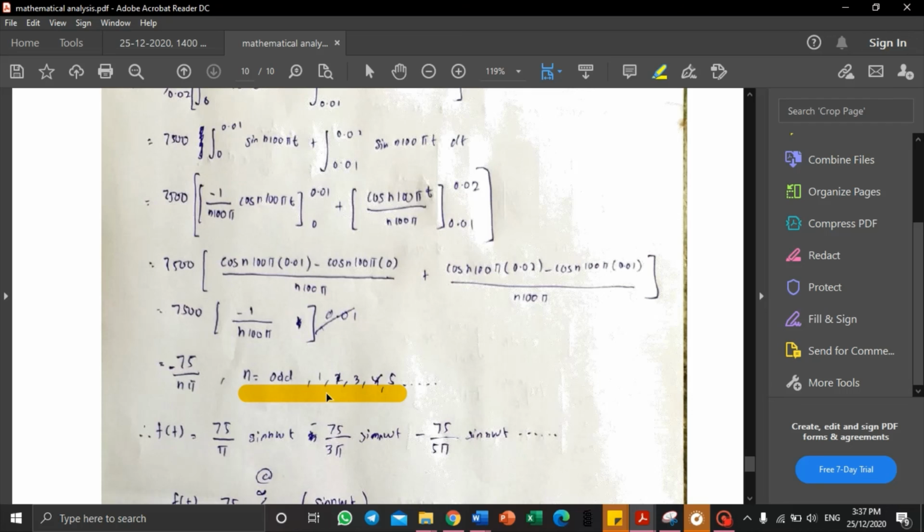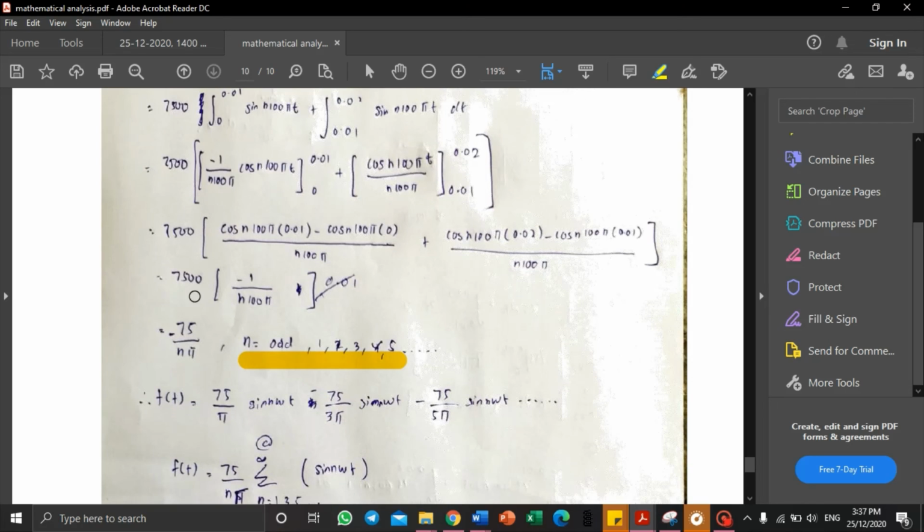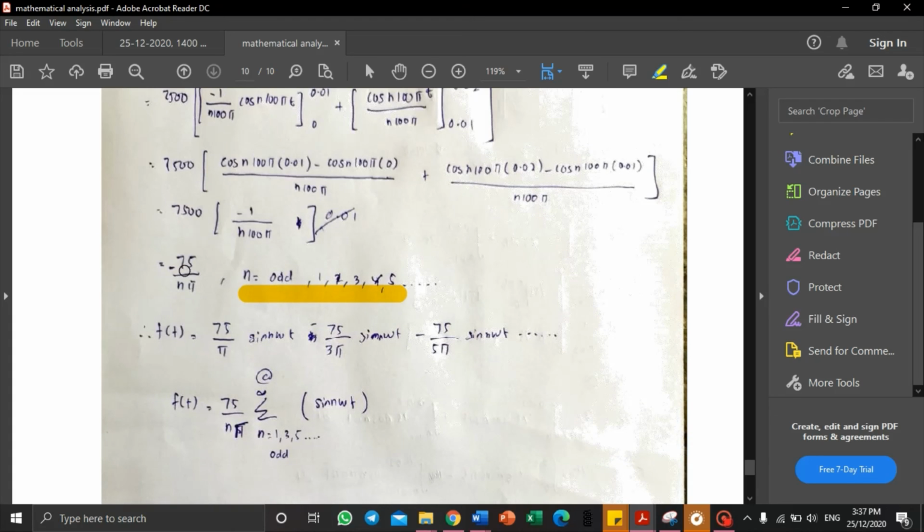So from there we get the final bn equation, which is negative 75 over n pi, and then the final equation is 75 over pi sine n omega t minus 75 divided by 3 pi sine n omega t minus 75 over 5 pi sine n omega t and so on. So this is the final equation.